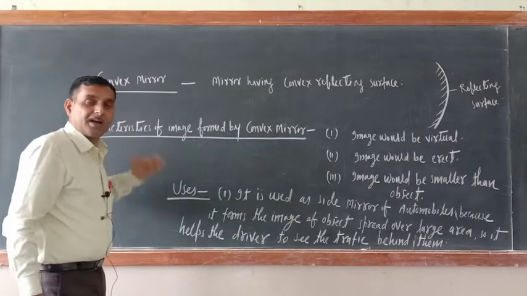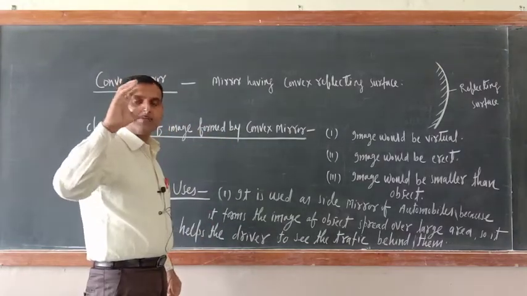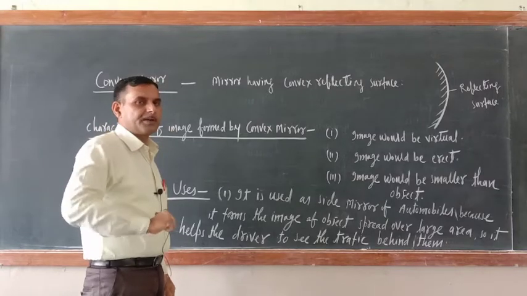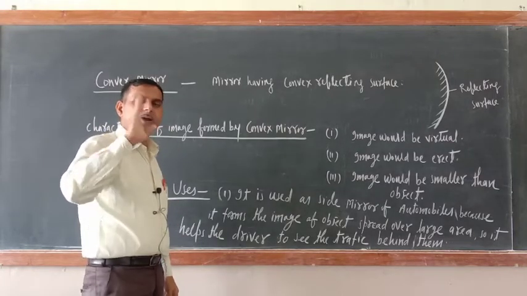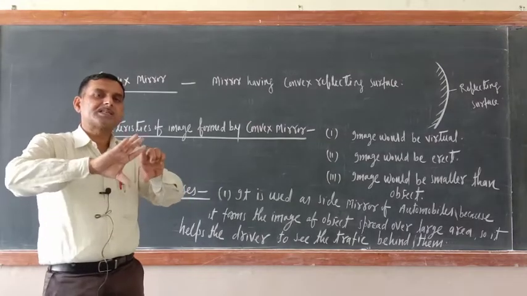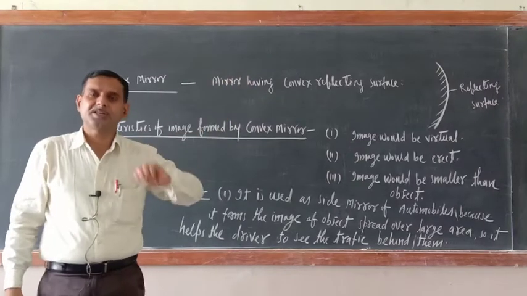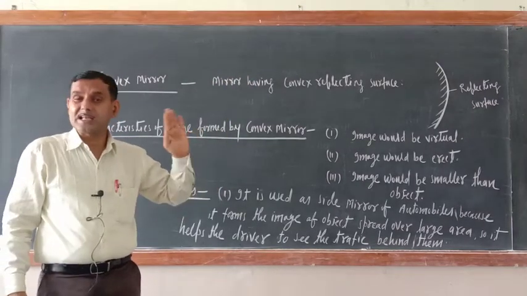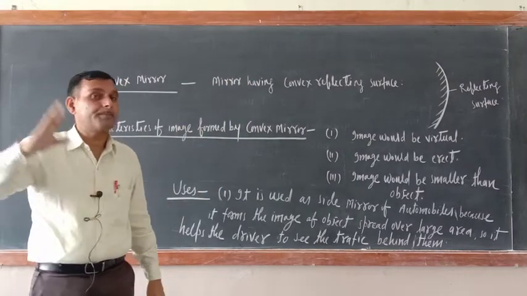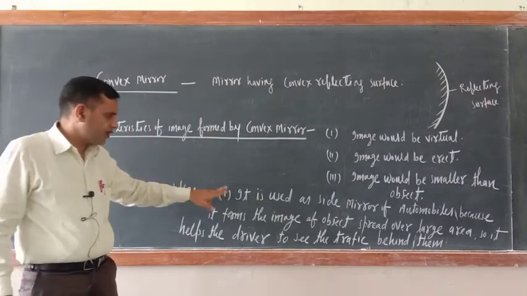And why do they place a convex mirror only? Actually, the convex mirror has one property: it forms the image of objects spread over a large area. So the driver can easily see the traffic behind them. This is the only reason.